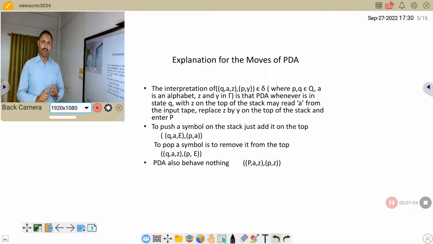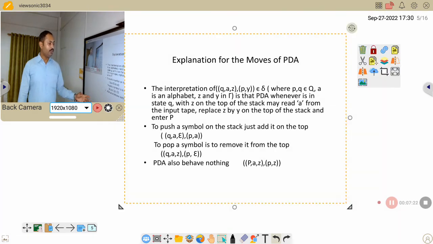Number 2, it can delete the input symbol from the top of the stack. Number 3, it can add the input symbol onto the top of the stack. And the last one is that it can do nothing.